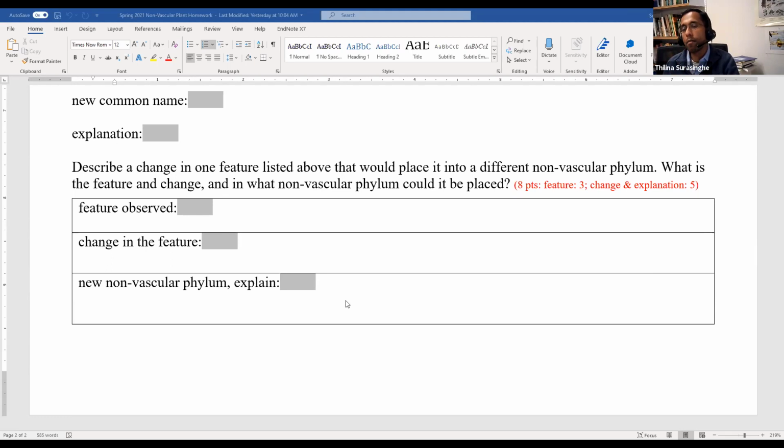Yeah, so you can come up with any other example, right? Based on the characters I listed. It could be presence of separate male and female plants, right? Which actually is again unique to just mosses.